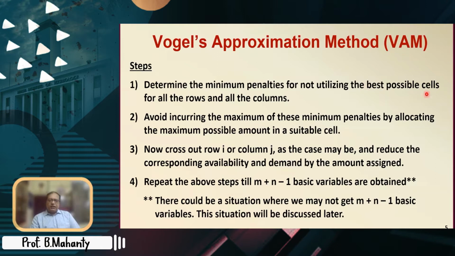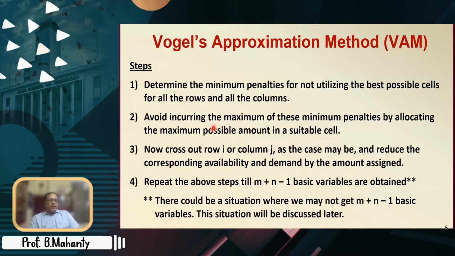The best possible cell is the highest value in a row or a column. So what we have to do is take the highest value and the next highest value and take the difference, and that is the minimum penalty. All right, so this step is the same, but interpretation is different in case of maximization.